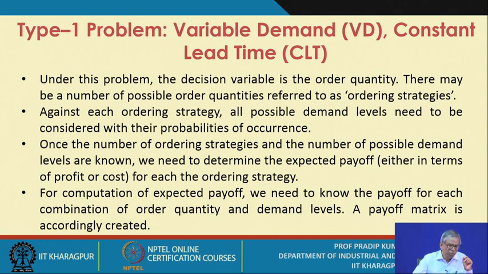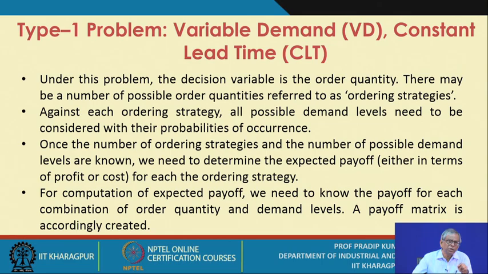Now here one point you must keep in mind, that is this payoff which you calculate can be either in terms of the profit or in terms of the cost. If it is in terms of the profit, or more specifically contribution to profit, you just note this point, that sometimes we say it's the profit, but truly speaking it is contribution to profit.